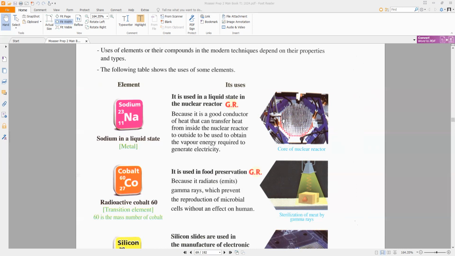So the nuclear reactor uses liquid sodium because it's a good conductor of heat and transfers the heat from inside the reactor to outside, to produce water vapor to generate electricity. The nuclear reaction produces large heat.